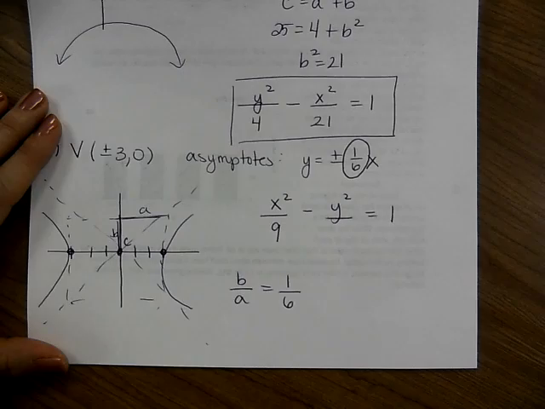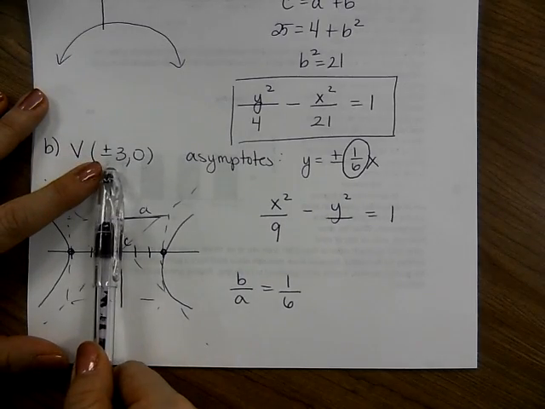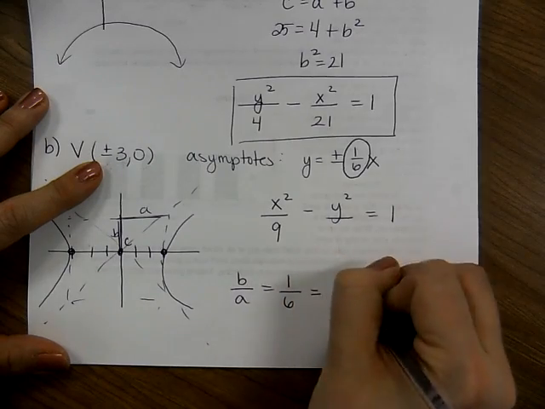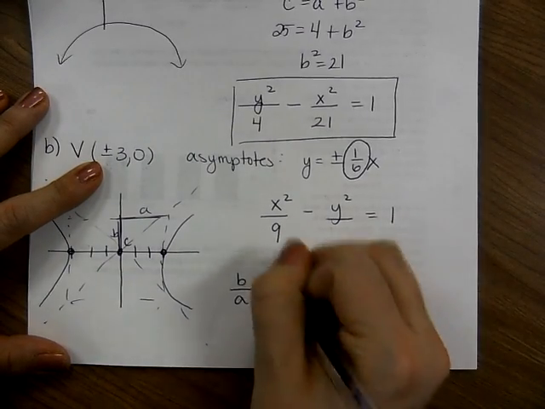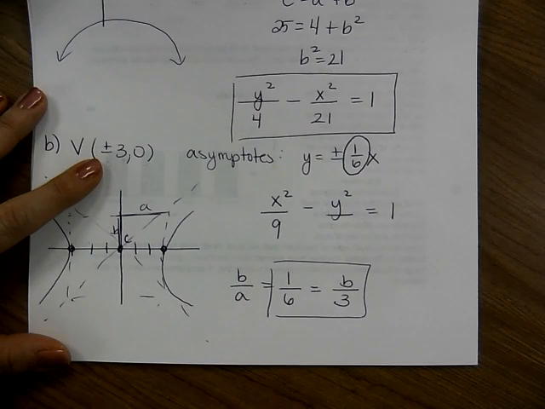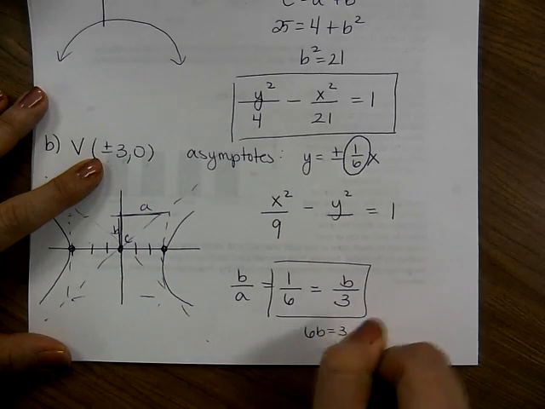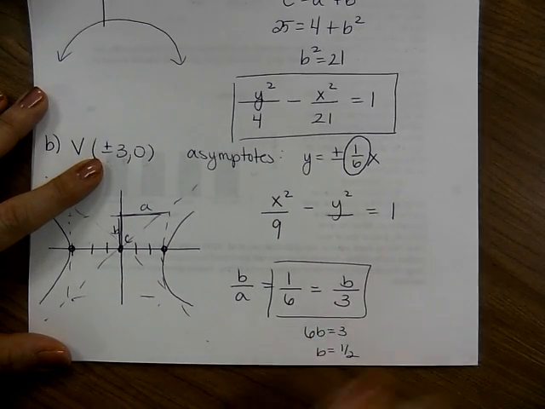But go back. Don't we know that A is for sure 3? Yeah. So we want to substitute that in. So I have 3 over B. So this is the proportion I want to solve in order to find B. So we cross multiply, we get 6B equals 3, so therefore B equals a half.